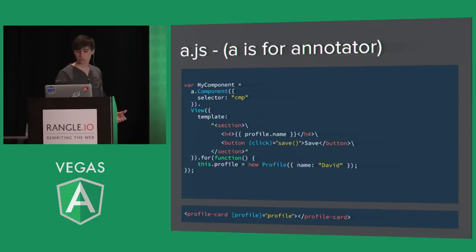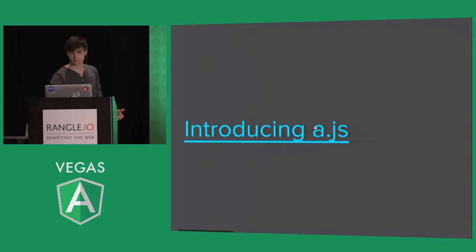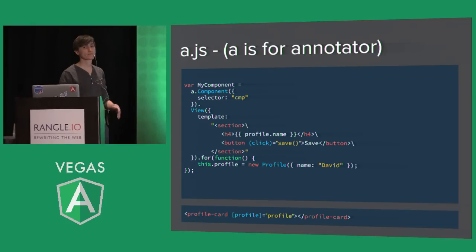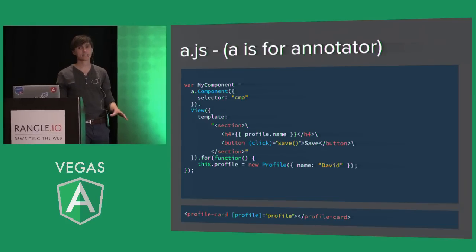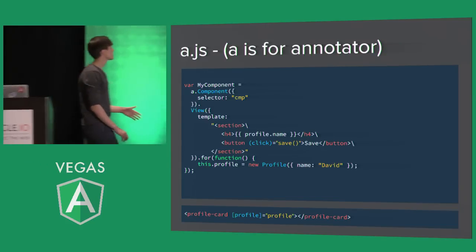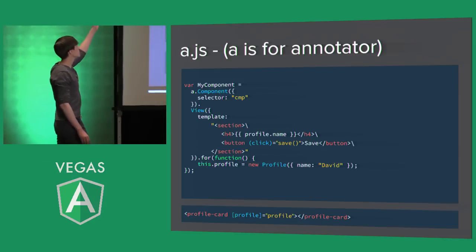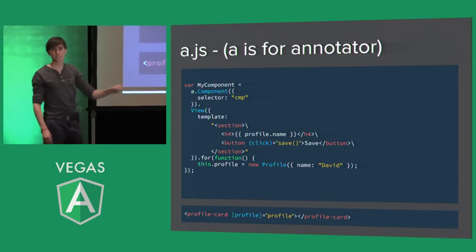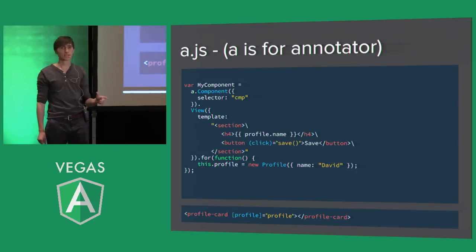If you go to the link, and it's just Angular, github.com/angular/a, it'll take you to a little README for that. All we're doing is providing the annotation-like syntax for ES5. So at the top, we're creating a component, so var myComponent, and then we say a.component. You can think of that as the @component for TypeScript.